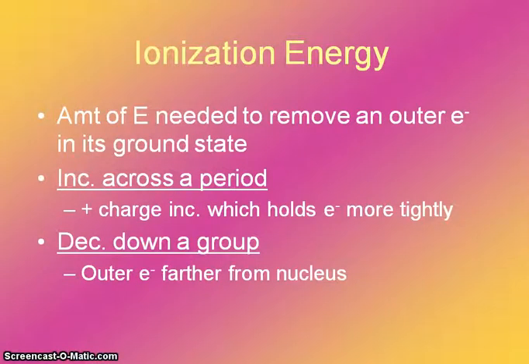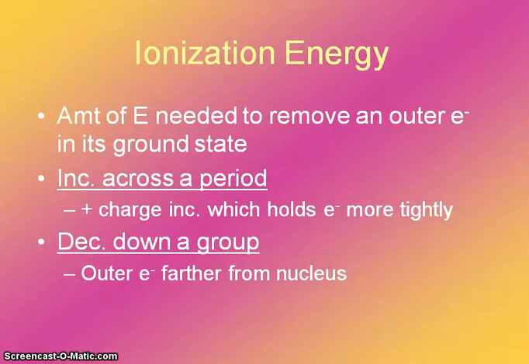Ionization energy is the next trend, and the ionization energy is just the amount of energy that's needed to remove an outer electron from its ground state. And the trend that we see is that it increases across a period. Again, as the positive charge increases, we're adding more and more protons. That's going to hold the electrons more tightly to the nucleus, which means that it's going to be harder to make an ion or to remove those electrons.